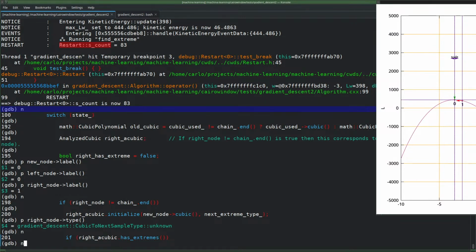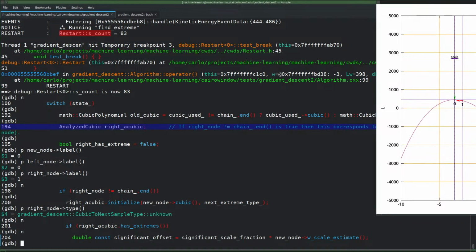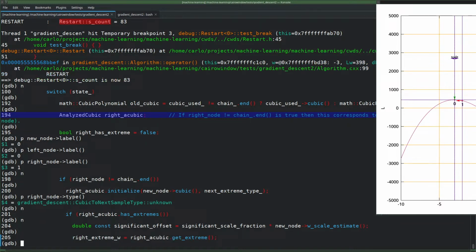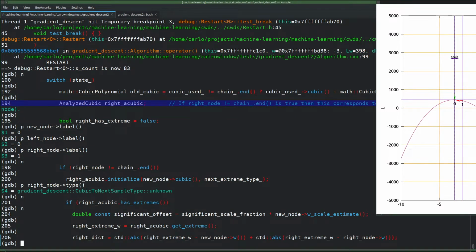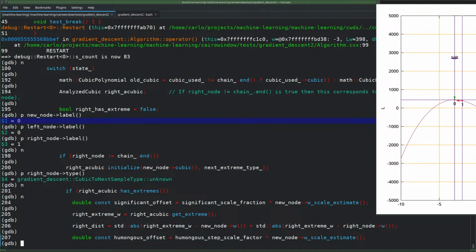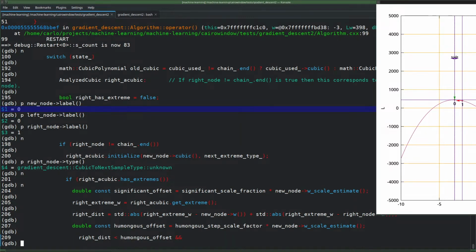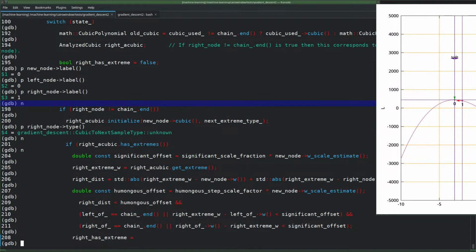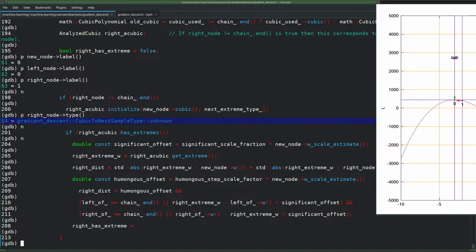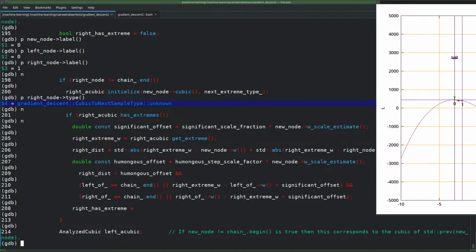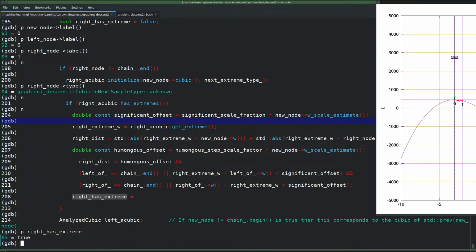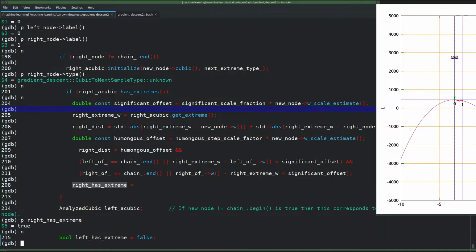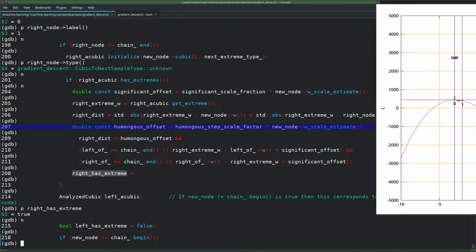Yes, it has extremes. This is a yes then. Left cubic does not exist, I suppose.